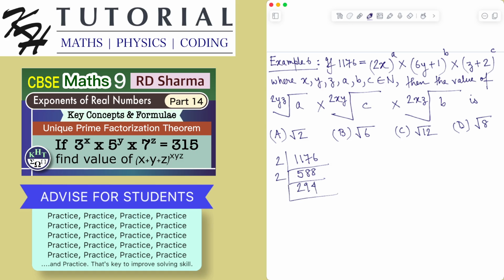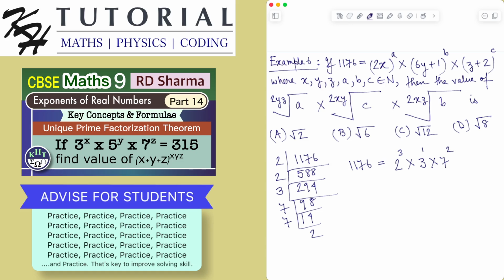We have 147, okay, and then divide by 3, 49, divide by 7, 7, divide by 7, 1. So we see the prime factorization of 1176 is equal to 2 cube multiplied by 3 to the power 1 multiplied by 7 square.